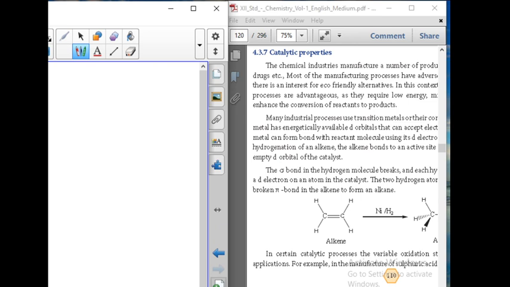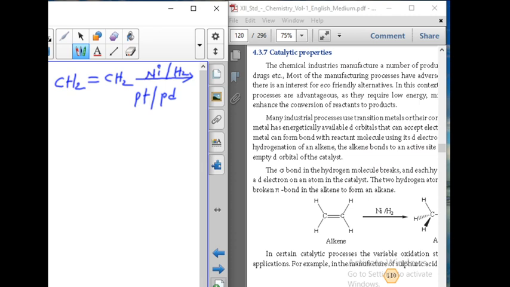Now, for example, the catalyst for hydrogenation of alkene. Take an alkene, CH2=CH2. We use the catalyst nickel with H2, or nickel, platinum or palladium, but especially we use nickel. Nickel plus hydrogen, or platinum plus hydrogen, or palladium plus hydrogen: this is a reduction process.